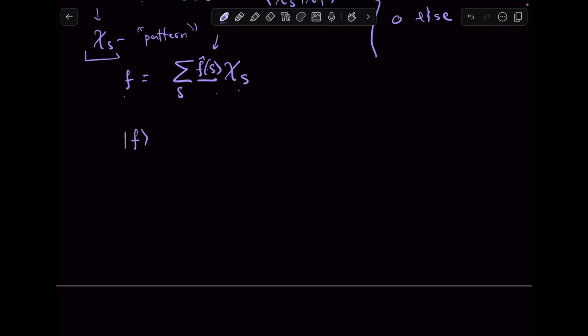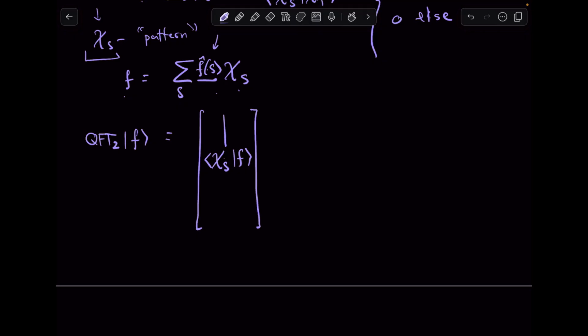So the idea is after this QFT transformation, sub 2, because this is over this particular group, each of these coordinates is going to be this correlation with a particular pattern. And as a result of the unitary transformation, each of these entries is just the inner product of some particular chi of s and our function.